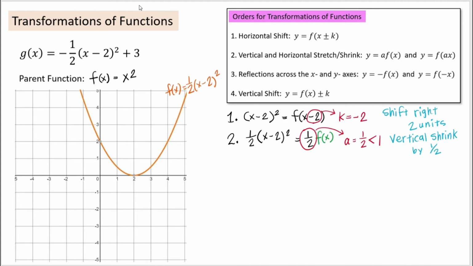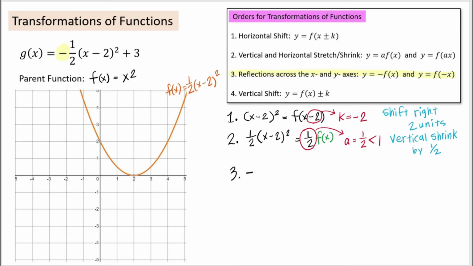The third step is the reflections across the x and y axis. We see the negative sign in front of 1 over 2 times (x minus 2) squared, which is the function we considered in step 2.